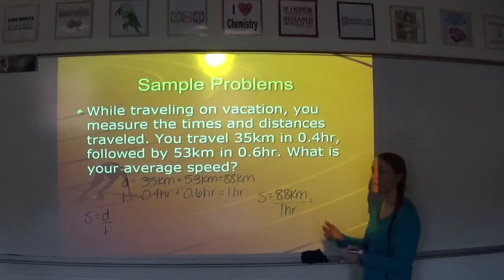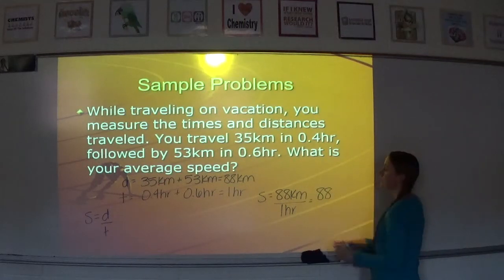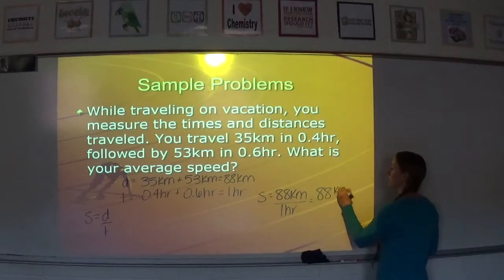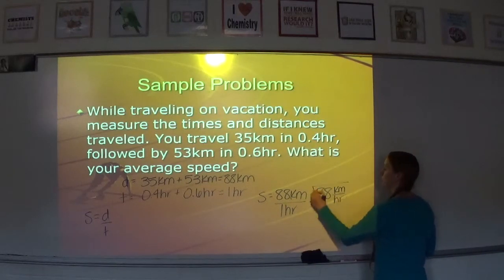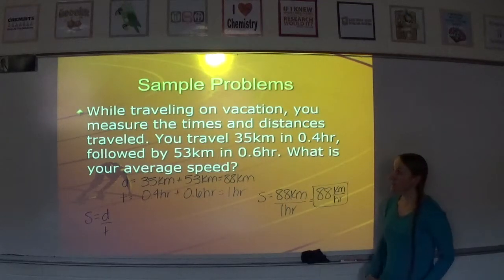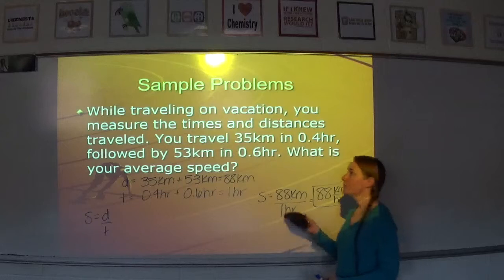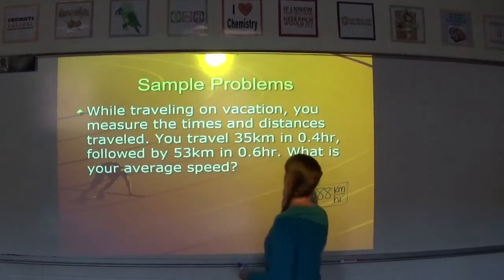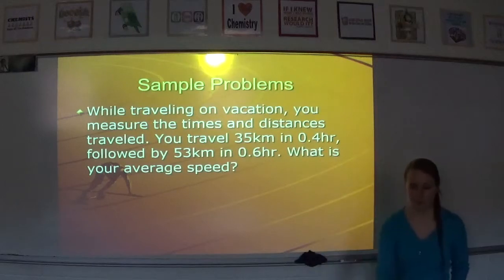And so of course 88 divided by 1 is 88. Now kilometers and hours will not cancel, so we keep both units. So it's kilometers per hour, just like that. Some of you may have used this formula before, probably in middle school. All right, so let's look at a couple more to make sure you can do them on your own.